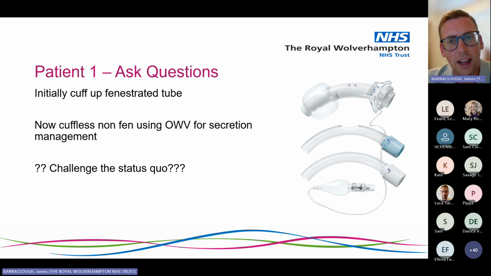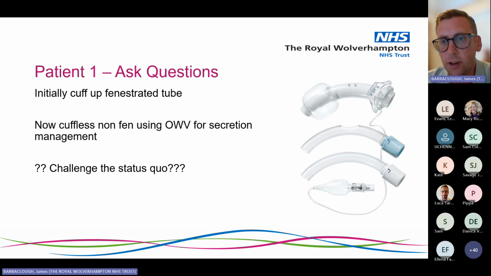This patient had spastic quadriplegia and arrived on an ambulance trolley with a tube in situ that was cuffed up constantly, and with a fenestrated tube as well. I think it was a size 8 actually, so it was a large tube, and he was non-verbal.